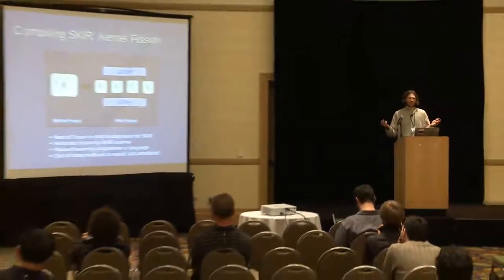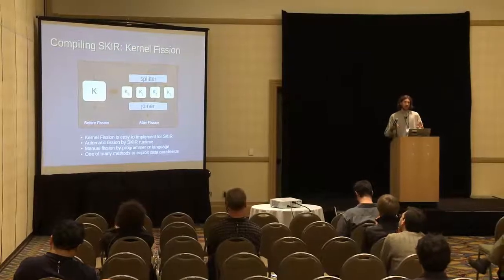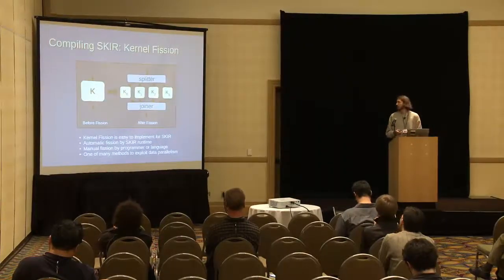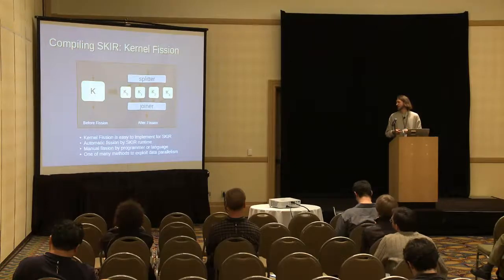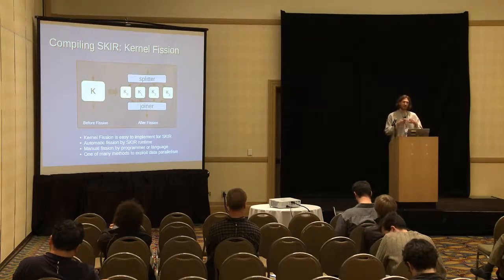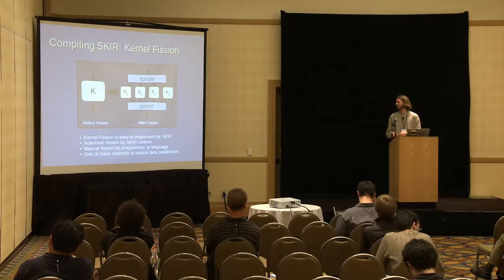On the flip side, if you have a very coarse-grained decomposition of your problem, you might have like a 5-stage pipeline or something that's dominated by one or two of the stages that happen to be data parallel. So you can do the opposite transformation, which is to just split the thing into multiple parts.